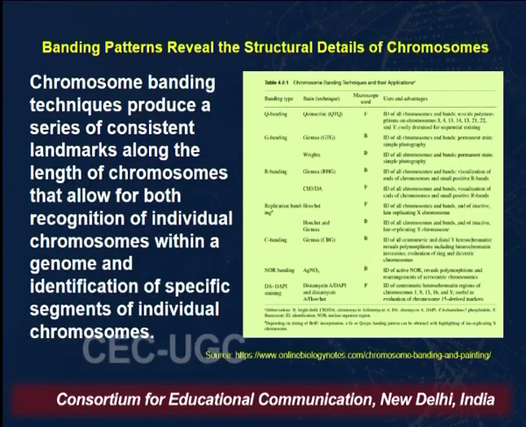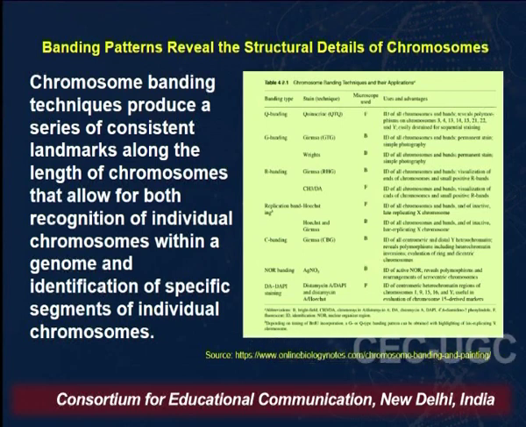Now, chromosome banding techniques help to produce a series of consistent landmarks along the length of the chromosomes. With the help of these landmarks, we can easily identify whether a specific segment of an individual's chromosome has been deleted or translocated, or whether an inversion has taken place, along with the help of the standard plate images which we have.